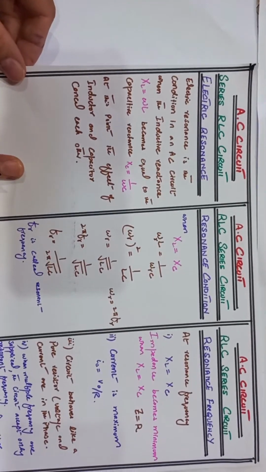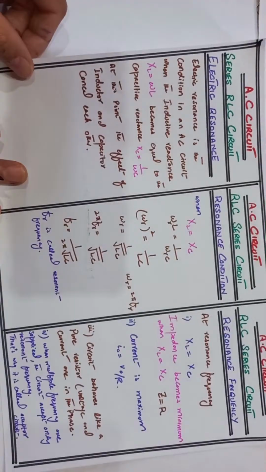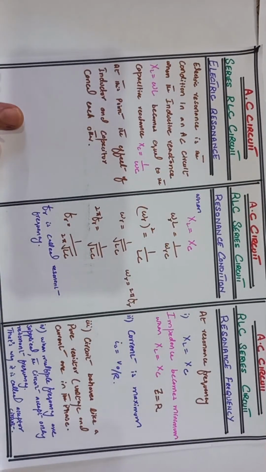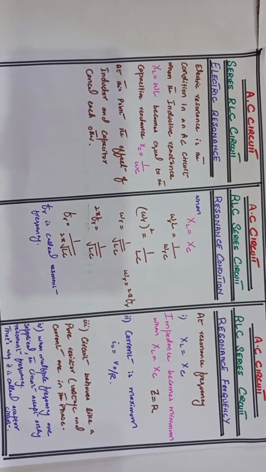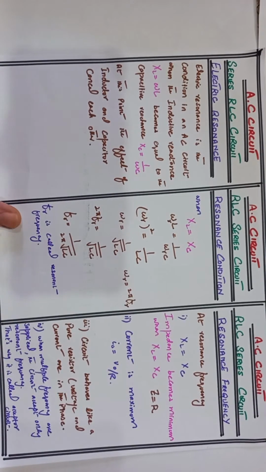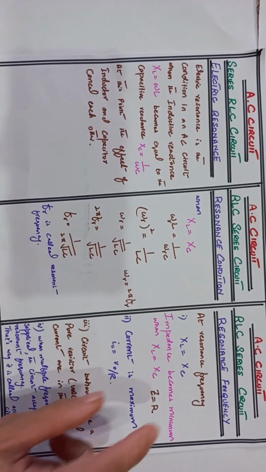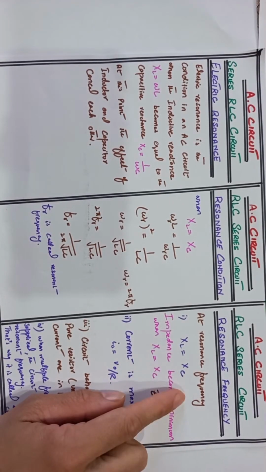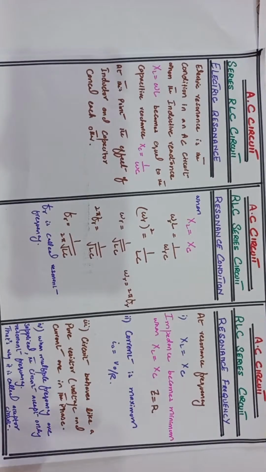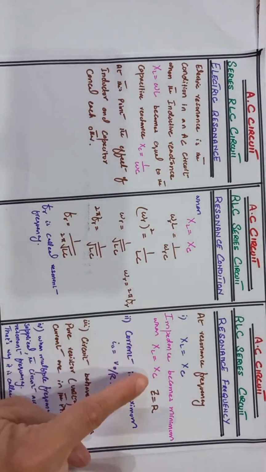That is what we discussed. First we discussed what resonance is, and then the condition of resonance, what is required for resonance. Third, we discussed the series resonance circuit, where we get the electric resonance, then the resonance condition, and last we found the resonance frequency. For the resonance frequency, we discussed four points. The first point is that at resonance frequency the inductive reactance is equal to the capacitive reactance, and impedance becomes minimum when XL is equal to XC.